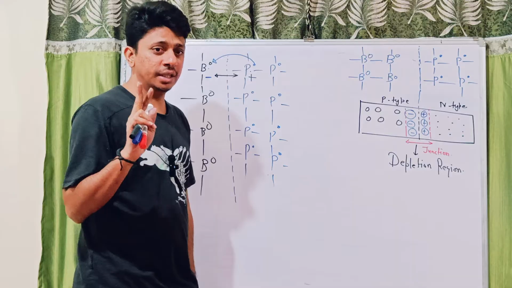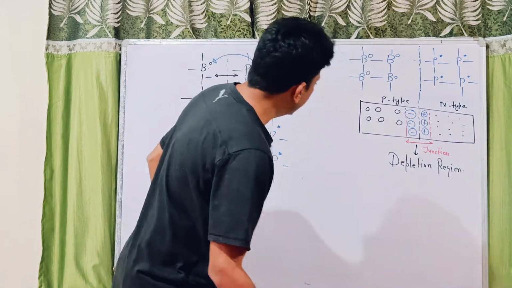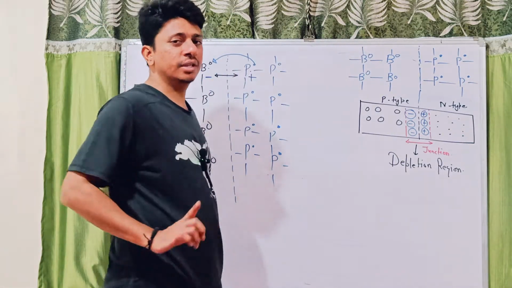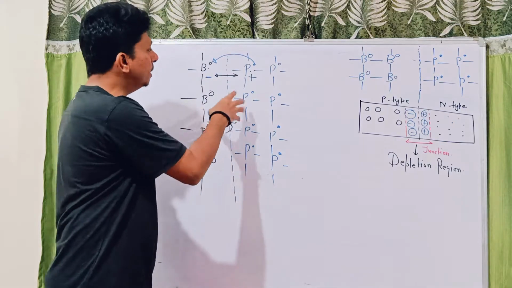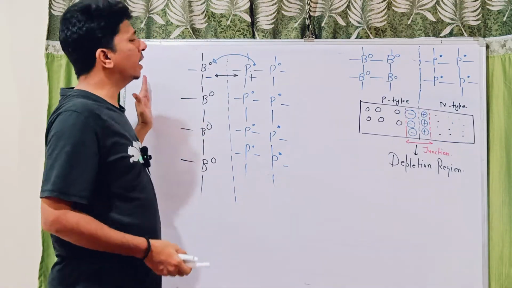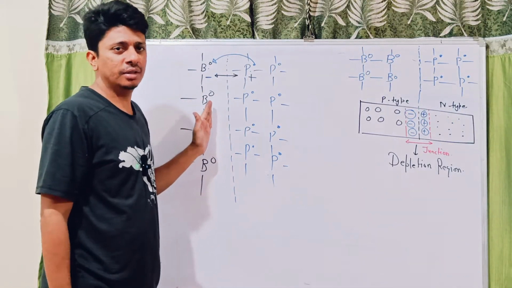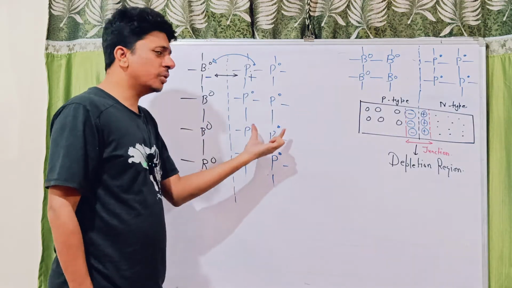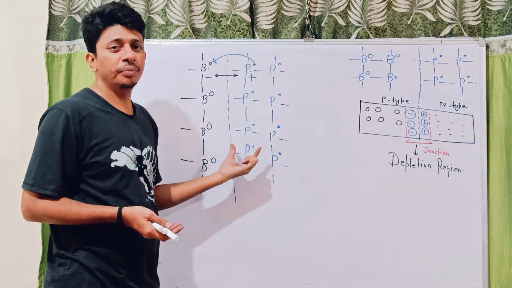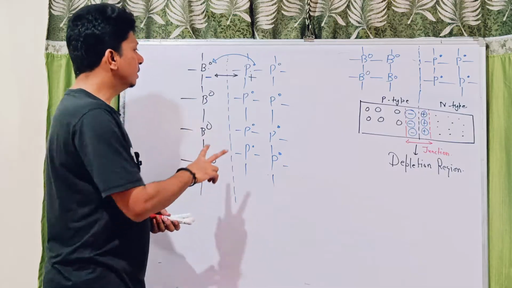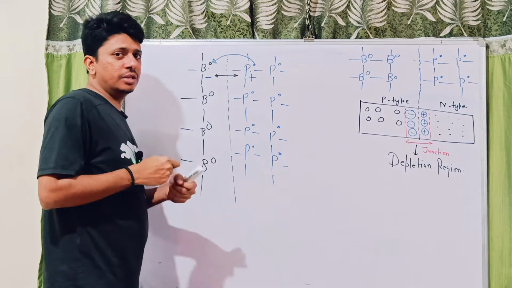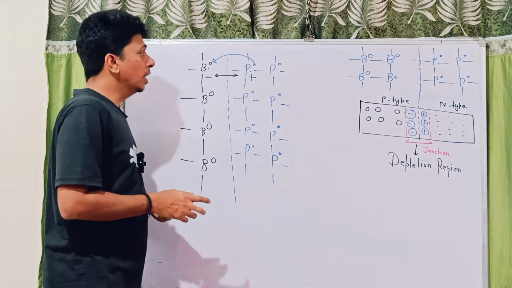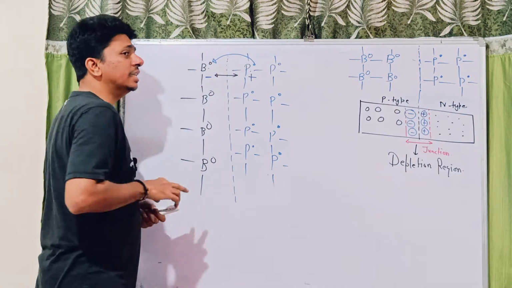Now you must be thinking, if you are a good engineer, sir, while this is happening, all the boron atoms may be getting negative ions, or all the phosphorus atoms may make a deal. But remember that while this deal is happening, simultaneously this deal is happening.